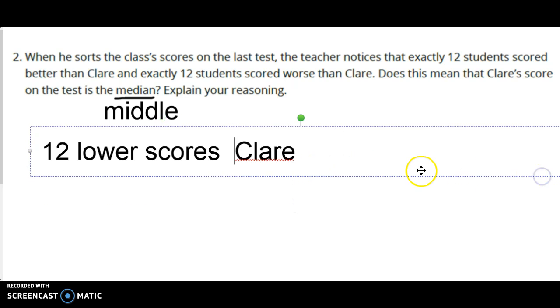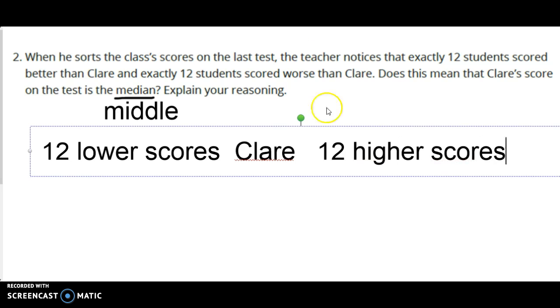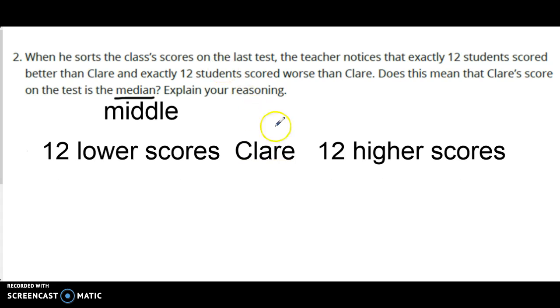And then above Claire, I have 12 higher scores. So this means that if I were to split my data set in the center, I would find Claire's score. Is this the middle or the median?